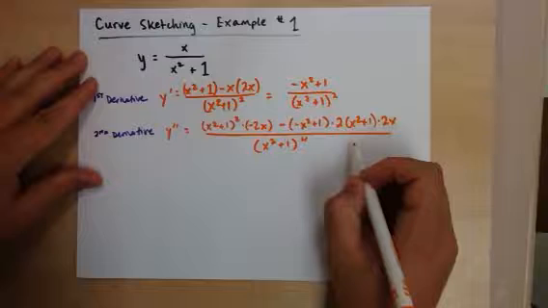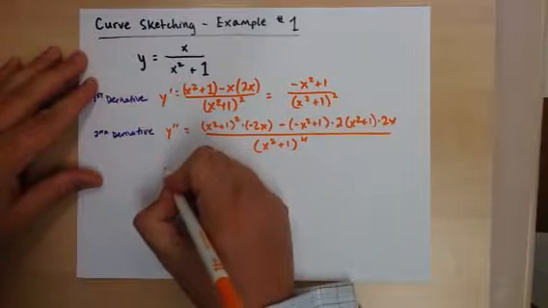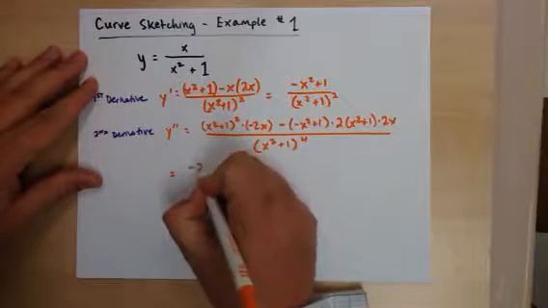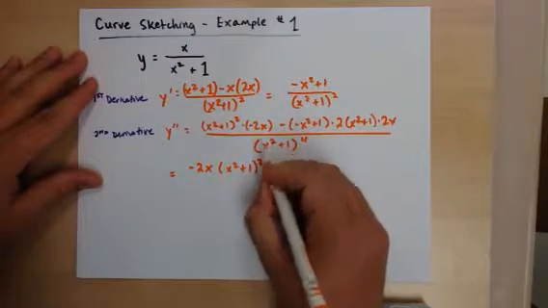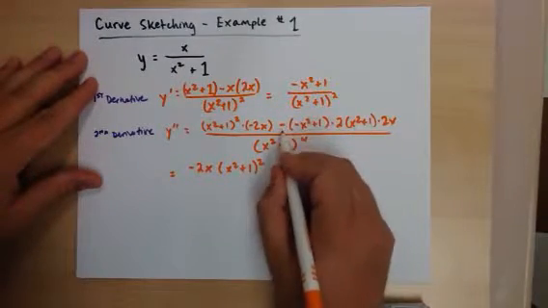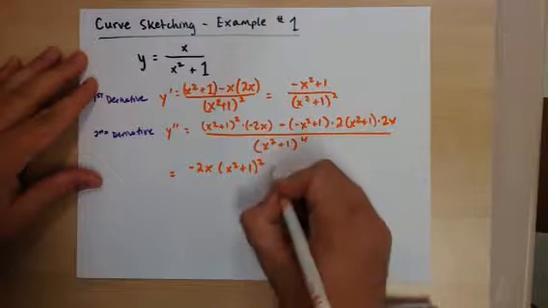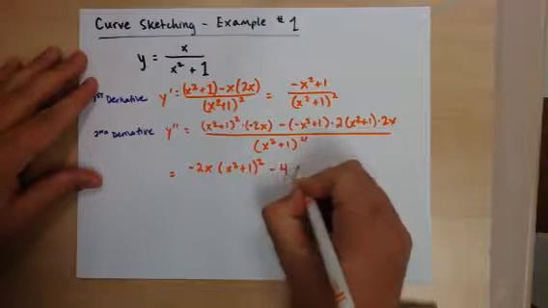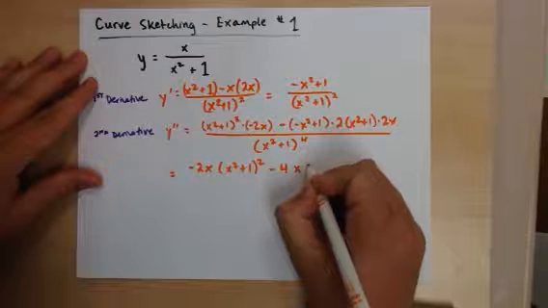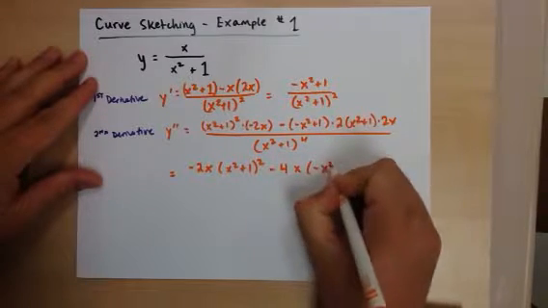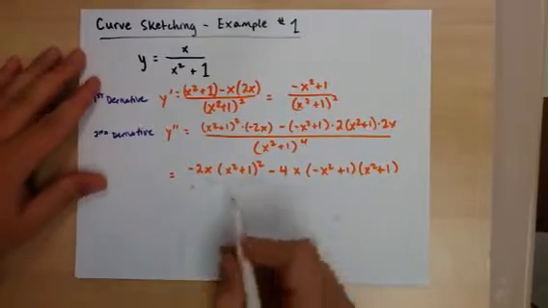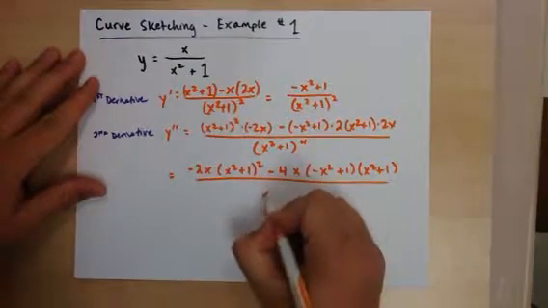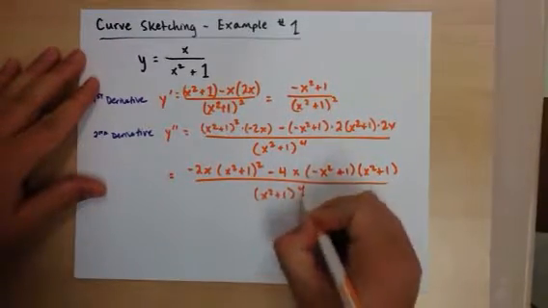Let's see what we can do to it. I'll bring the 2 with the 2 there. That's minus 4x times x squared plus 1.